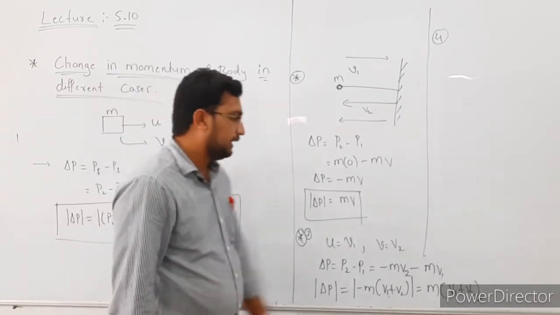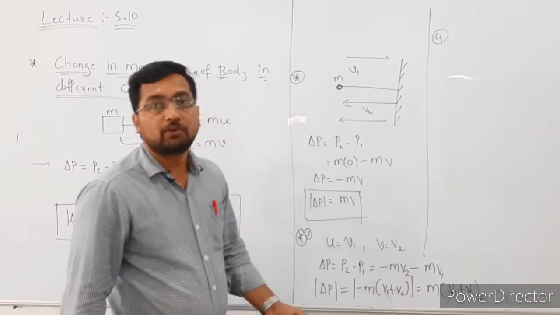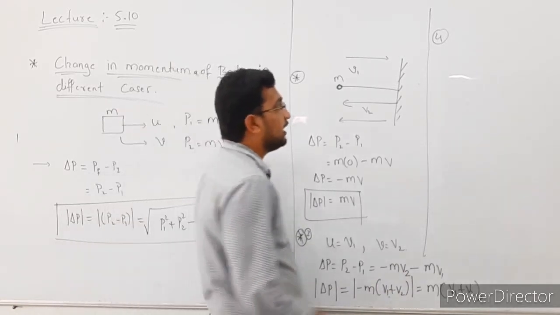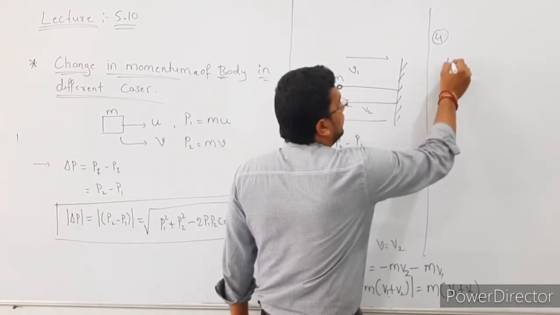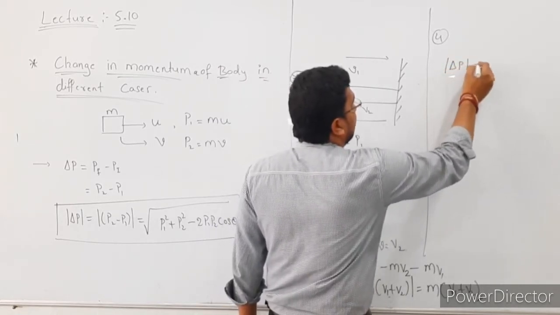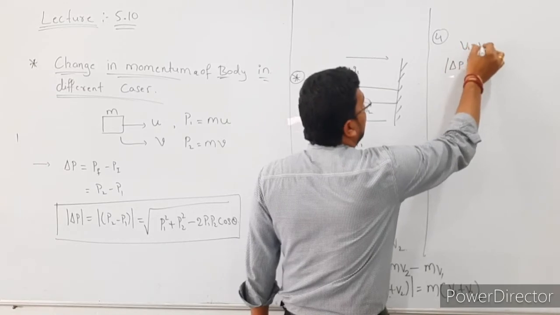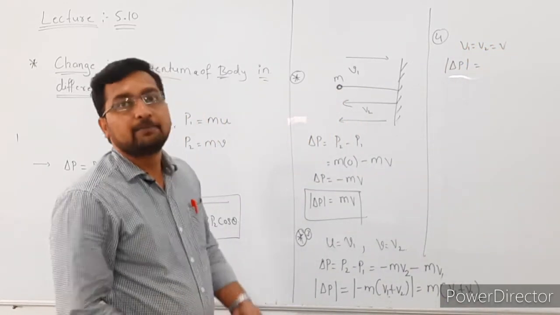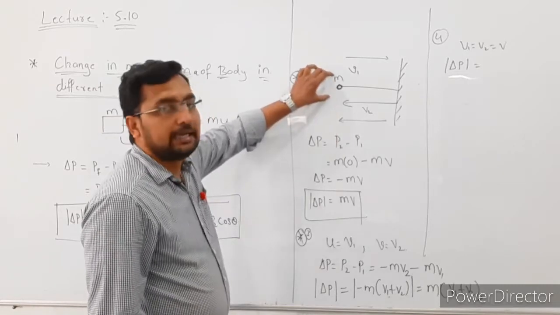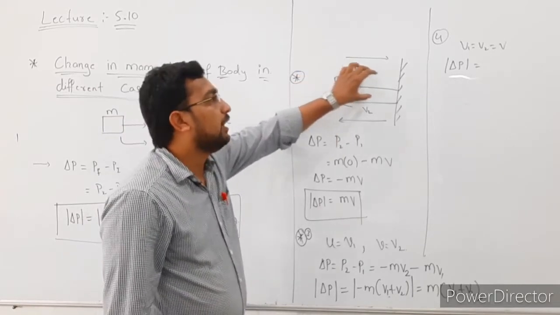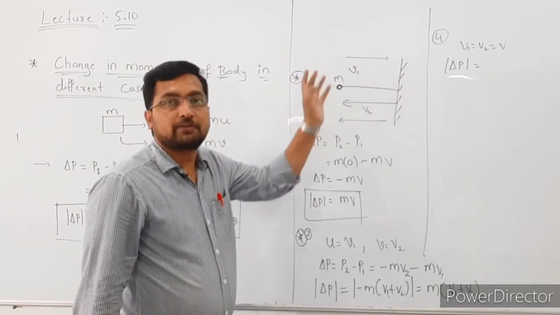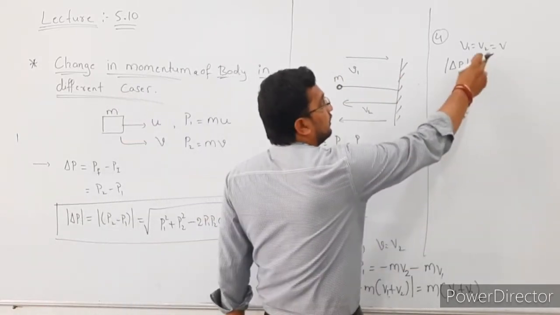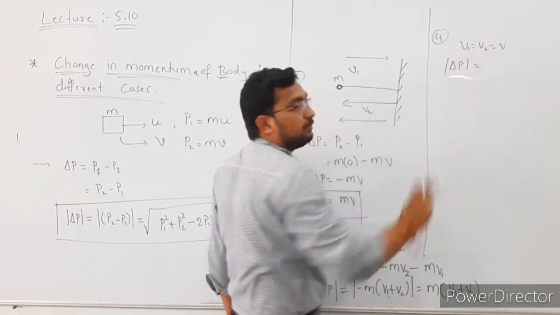So that means v1 and v2 values are the same, v1 is equal to v2 is equal to v. In this case, we are considering a body of mass m moving with a velocity v. After collision, it rebounds with the same speed.